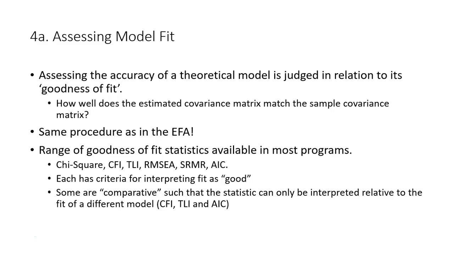That's a little technical, but I think that must make sense. You have an observed variance covariance matrix. You specify a model. The model stipulates or suggests that the variance covariance matrix would contain the following entries. And then the goodness of fit asks, how well does the estimated matrix match the observed matrix?